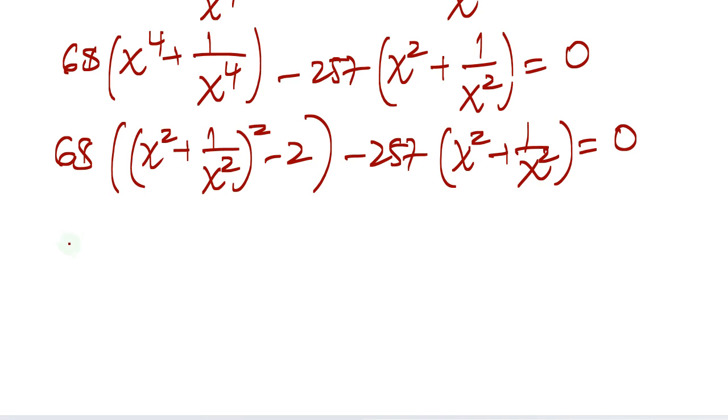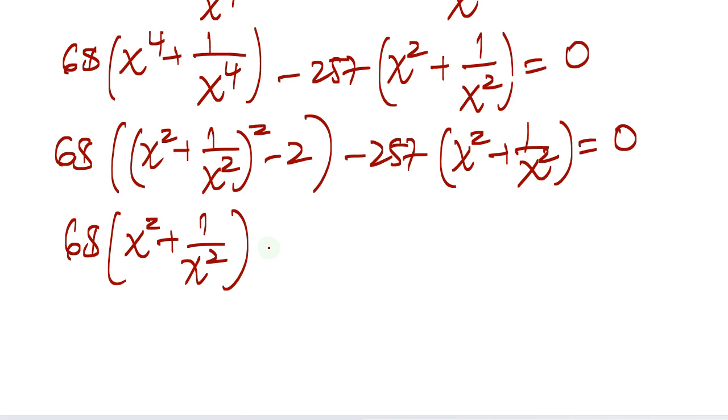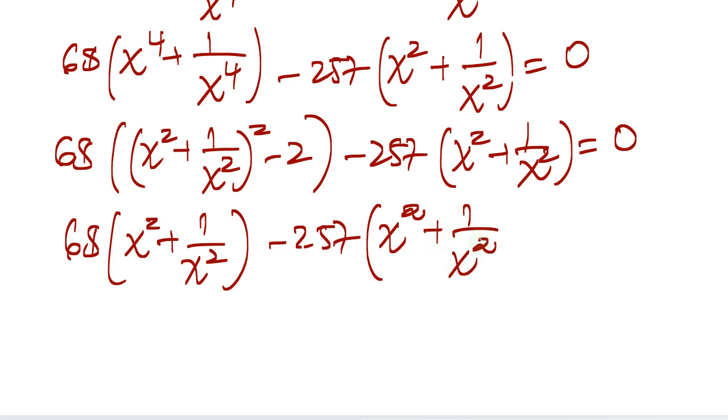So now I have 68 times x to the 2 plus 1 over x to the 2, and then minus 257, which multiplies x to the 2 plus 1 over x to the 2, and then 68 times 2, negative 136, and this is equal to 0.